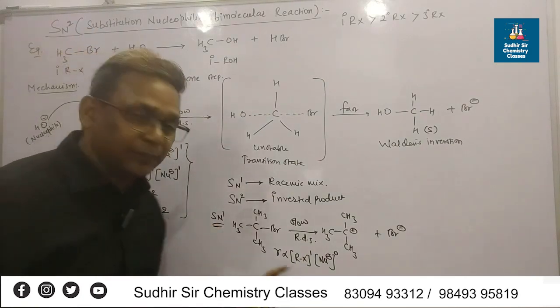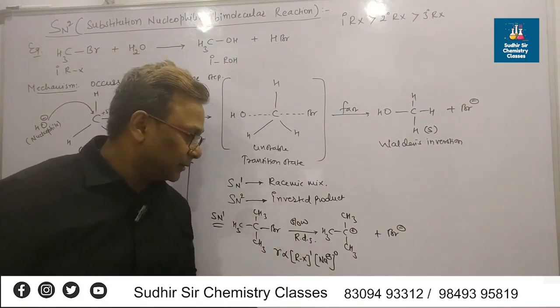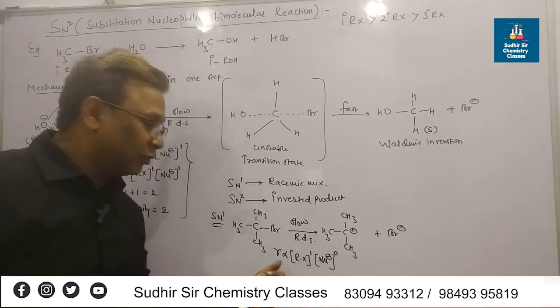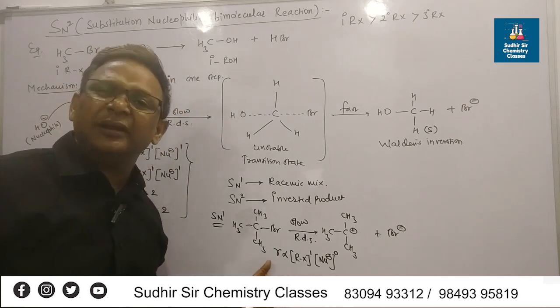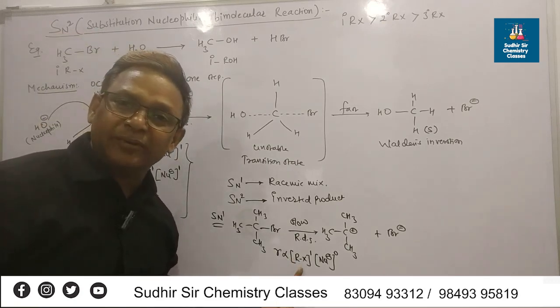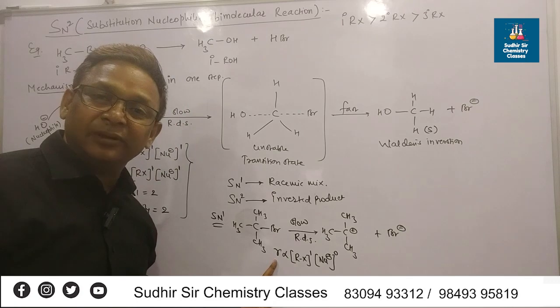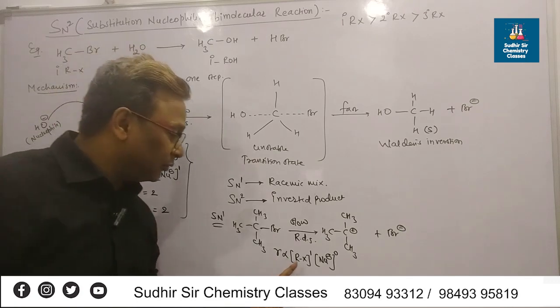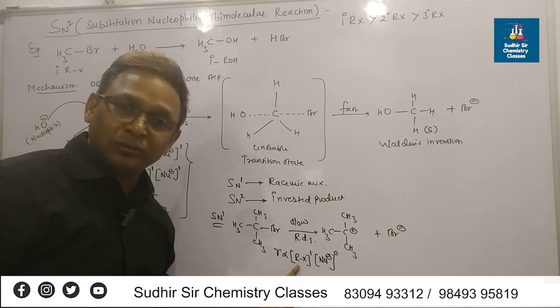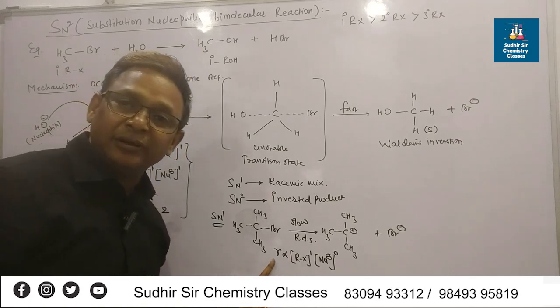Suppose the concentration of nucleophile increases 10 times, what is the rate of the SN1? It is independent. But if we double the concentration of alkyl halide, the rate of SN1 also increases 2 times. If you reduce the concentration of alkyl halide to half, then the rate of SN1 also reduces to half.